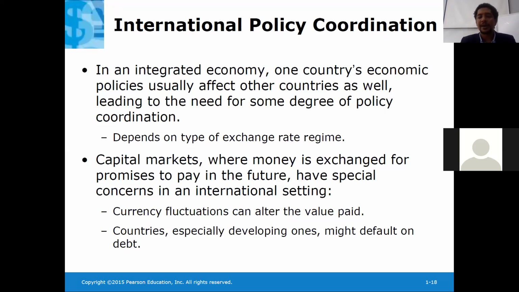And the other is capital markets, where money is exchanged for promises to pay in the future, which have special concerns in an international setting. Not only capital markets, there are also what we call futures markets. As I've said, a company in Korea might buy supplies from a company in the US, okay? Let's say this company in Korea has bought $500 million of supplies of materials from a company in the US.